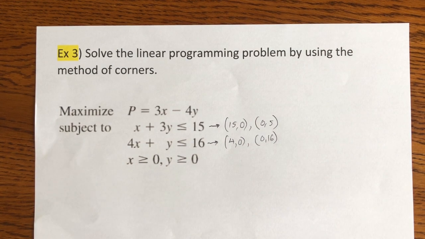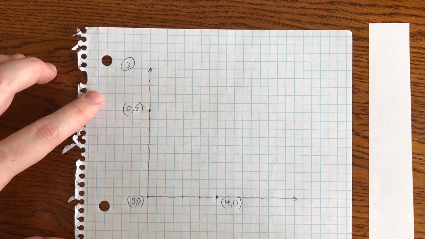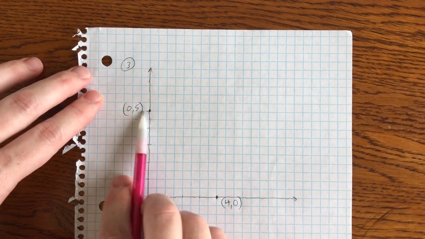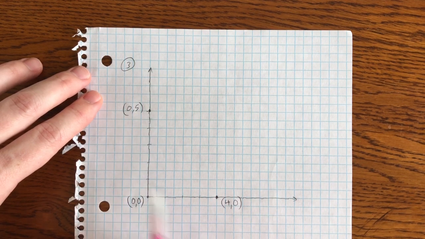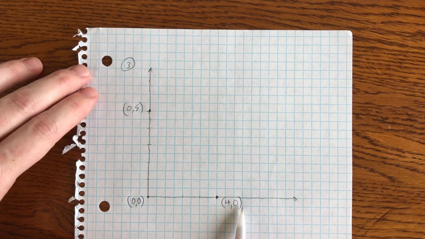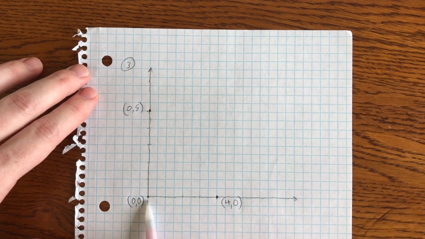Okay, so let's go ahead and begin to graph this feasible region. What I've done so far is I've plotted a y-intercept from one of my inequalities and an x-intercept from another one of my inequalities, and I've labeled the origin. That's going to be one of my corners or vertices in this feasible region.